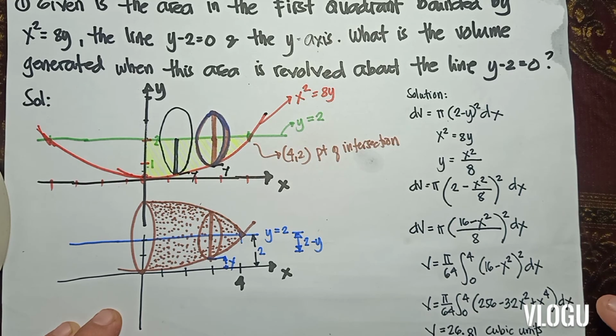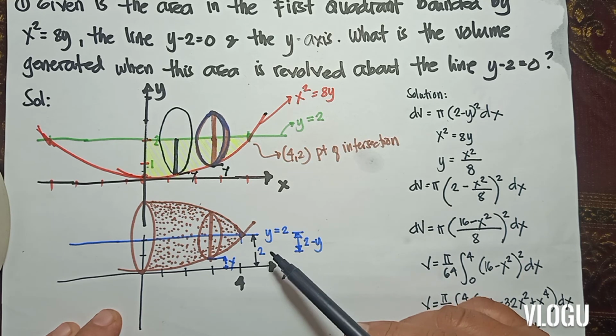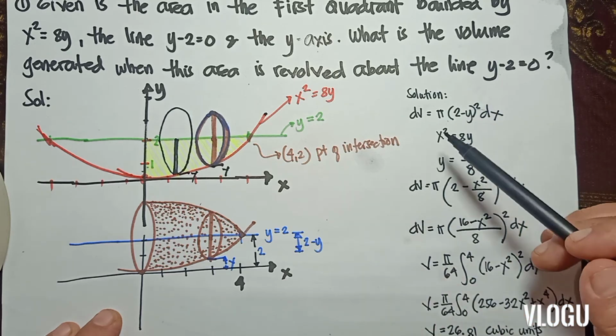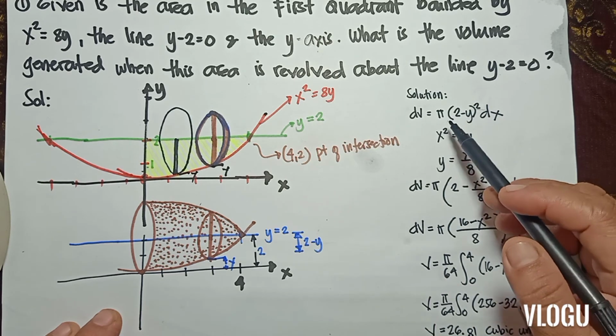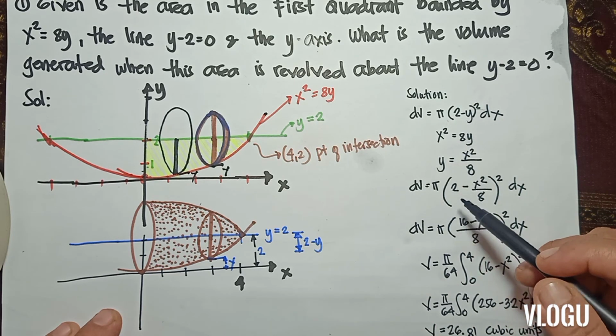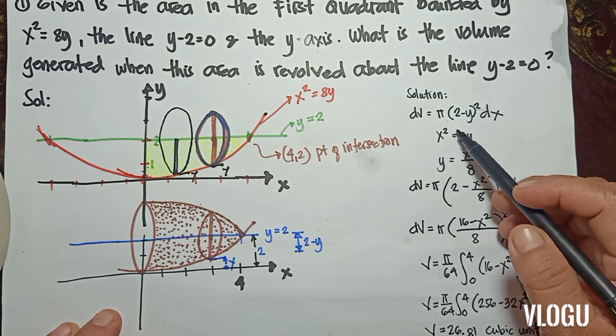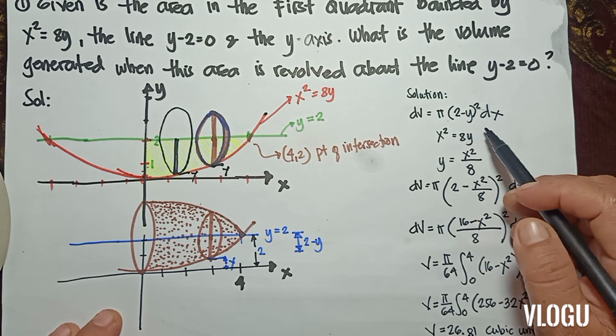For this case, where we are going to revolve about the line, our formula, you will have volume is equal to pi r squared dx.